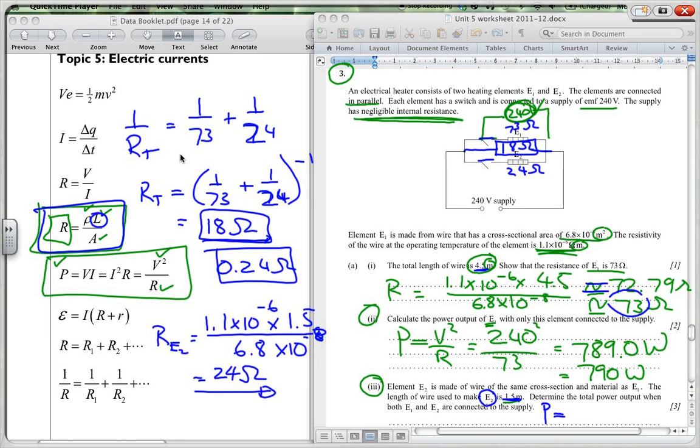Total power will equal V squared over R. So it's going to be 240 squared divided by 18. We're going to get a total of 3,200 watts when you have them in parallel.